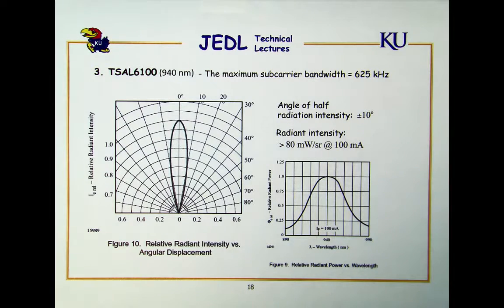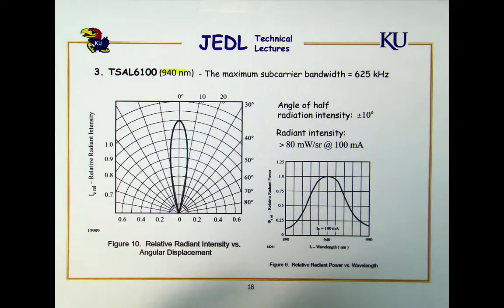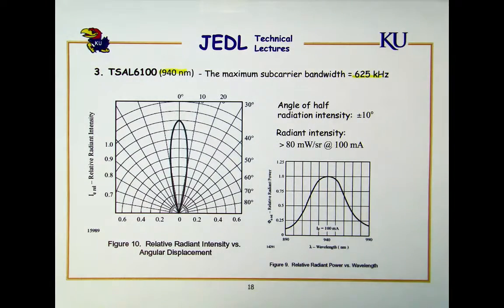So here's the TSAL 6100. Notice that this is a 940 nanometer device, where the others I've just talked about were 880 nanometer. Both the previous one and this one have plenty of bandwidth, so you shouldn't worry about pushing that limit at all.